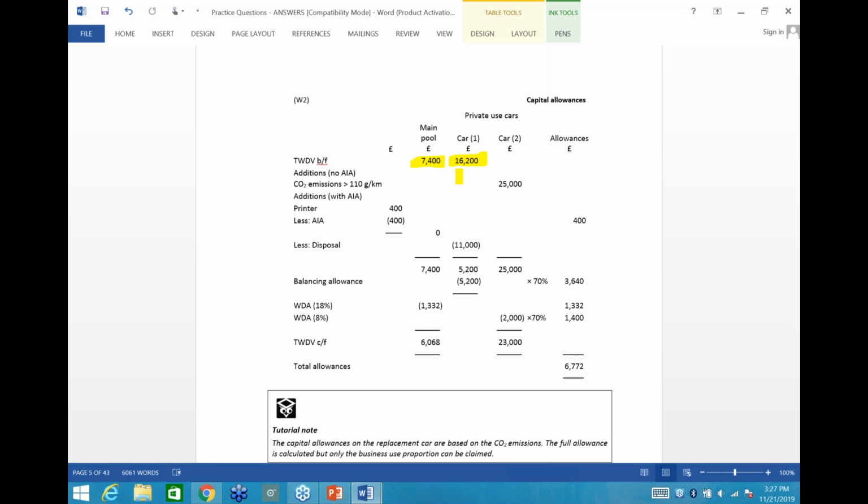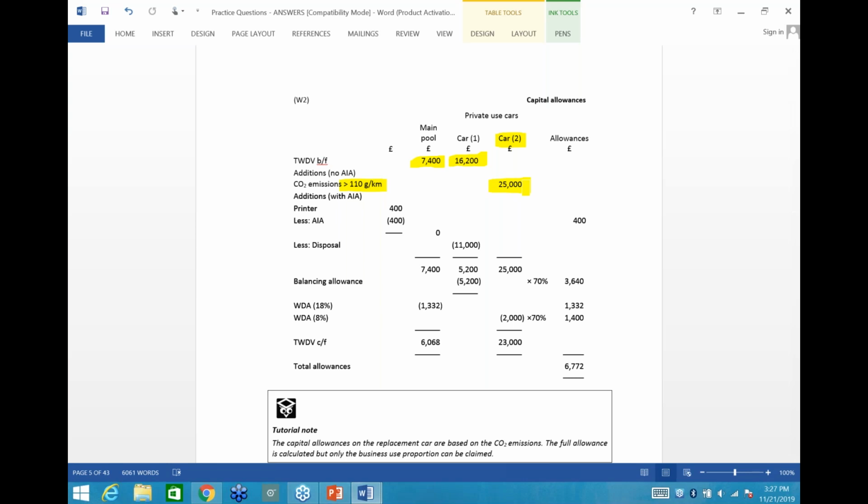Then during the year, we have made one purchase, that is this new car, which is a high emission car where the carbon dioxide emission is more than 110 grams per kilometer, normally included in the special rate pool, but it is used by Tony for his private purposes. Therefore, without including it in the special rate pool, maintain a separate private use car column for that, which is £25,000.